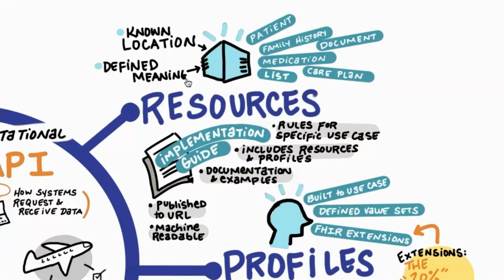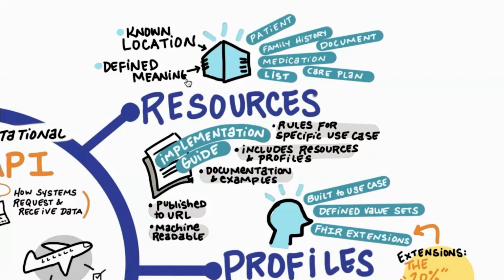And in those FHIR implementation guides, in addition to that technical content, is a description of the intended use of this FHIR implementation guide and some examples of how it might be used, all bound up into an implementation guide.